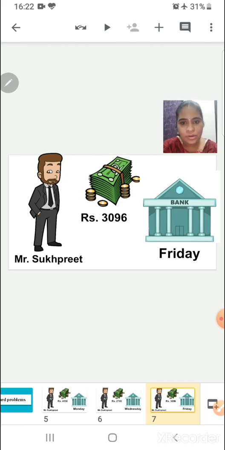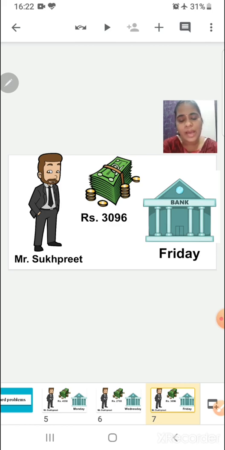Then again on Friday he deposits rupees 3096. Children, deposit means putting money in the bank. Now we have to find out by the end of Saturday how much money he deposited.